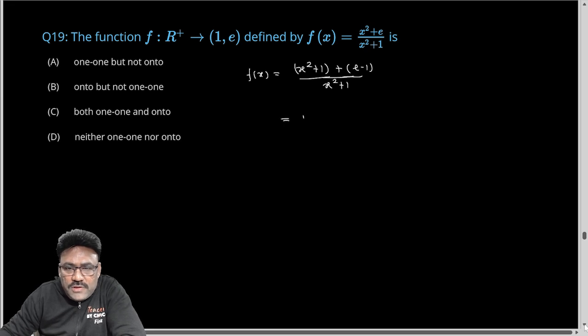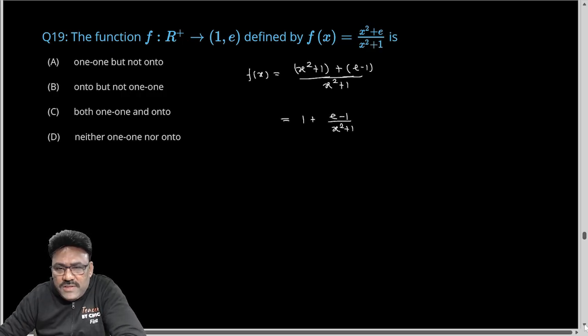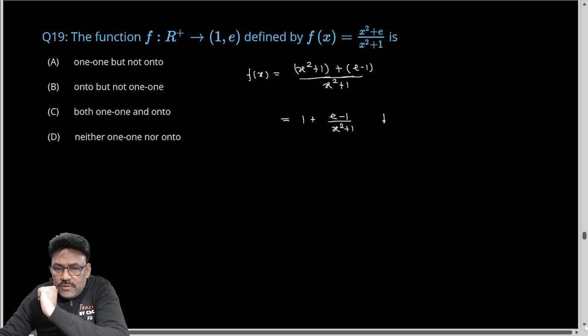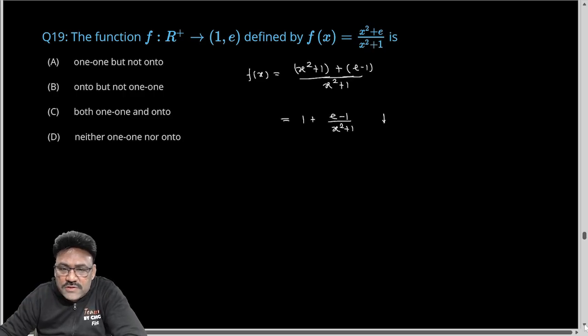And now it is basically 1 plus e minus 1 over x square plus 1. x is positive real number, and you can clearly see that when x increases, denominator increases here. Denominator increases means the overall function is a decreasing function here. So when x increases from 0 to infinity, denominator is increasing and hence function is decreasing. Since it is a decreasing function throughout, so it must be one-one function.